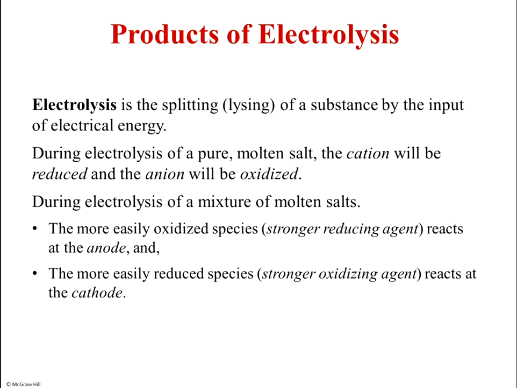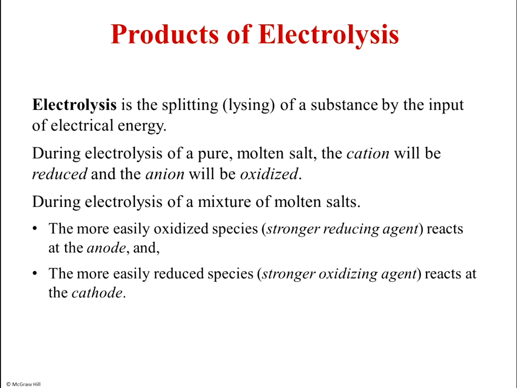Next, we can look at electrolysis of species. So electrolysis is when we run electric current through some material, either a molten electrolyte or an aqueous solution, and the electrons will split the substance by the input of electrical energy.